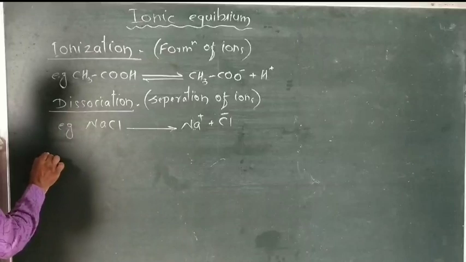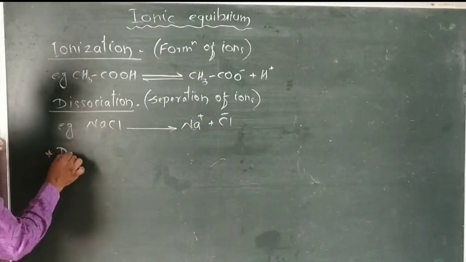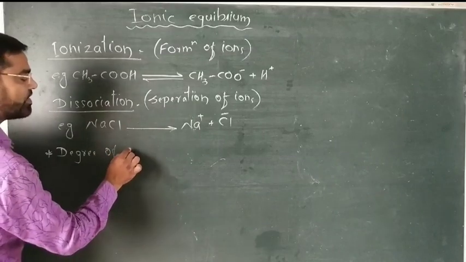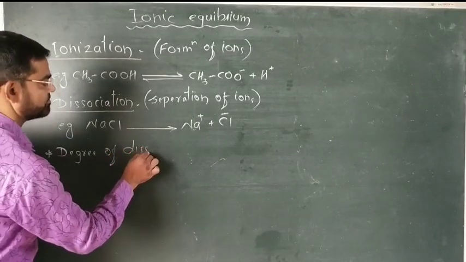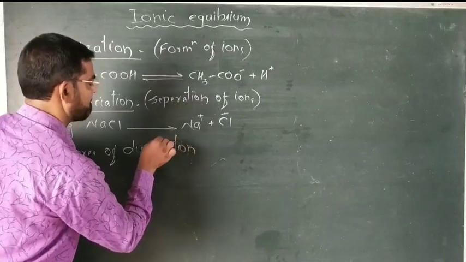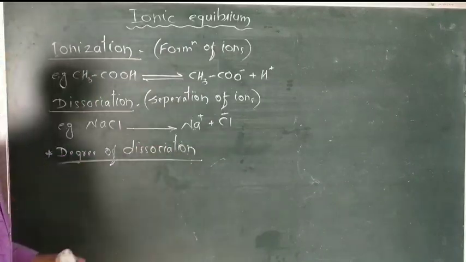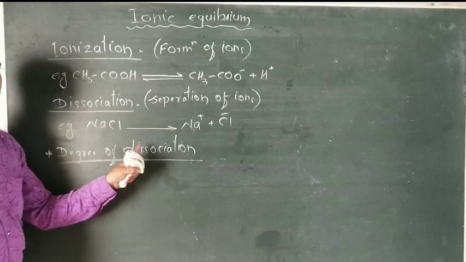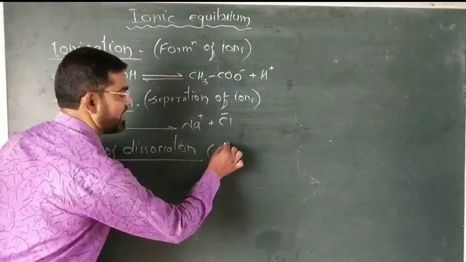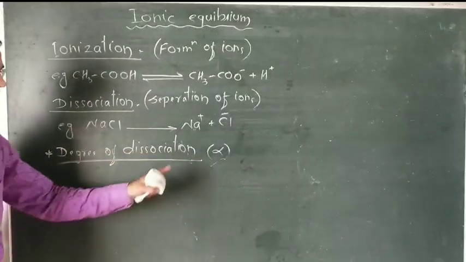The next part is degree of dissociation or degree of ionization. It is denoted by alpha. What is alpha?